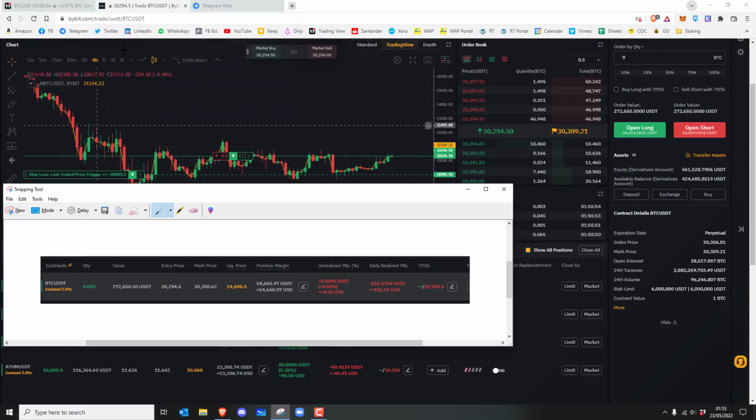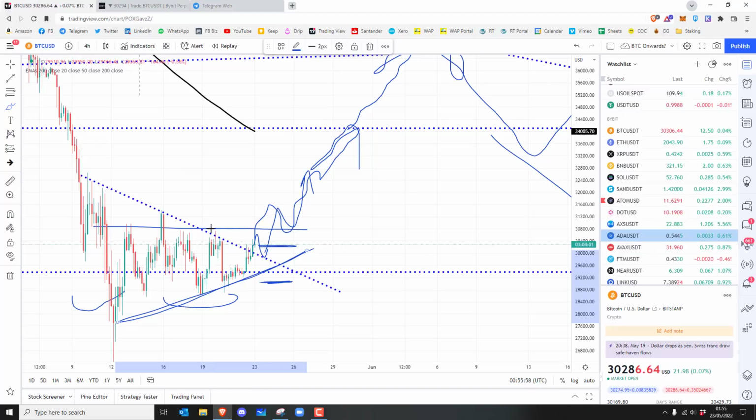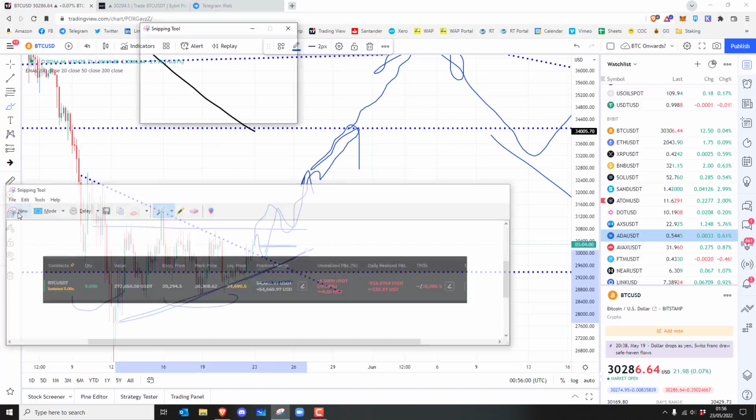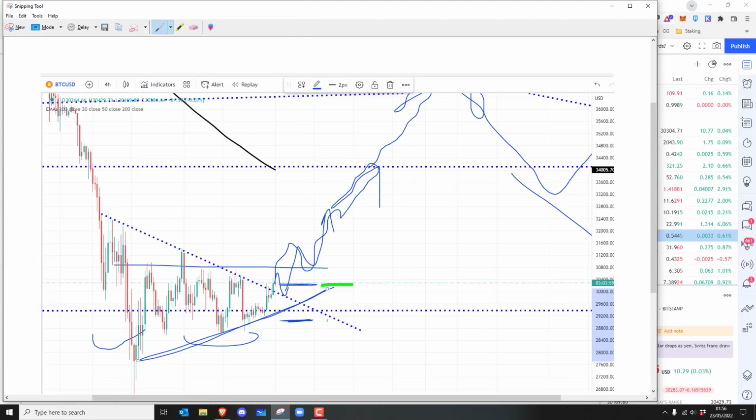So let's take a little screenshot for the community. So we've got that there. We need to take a little screenshot over here. God, it's a mess.